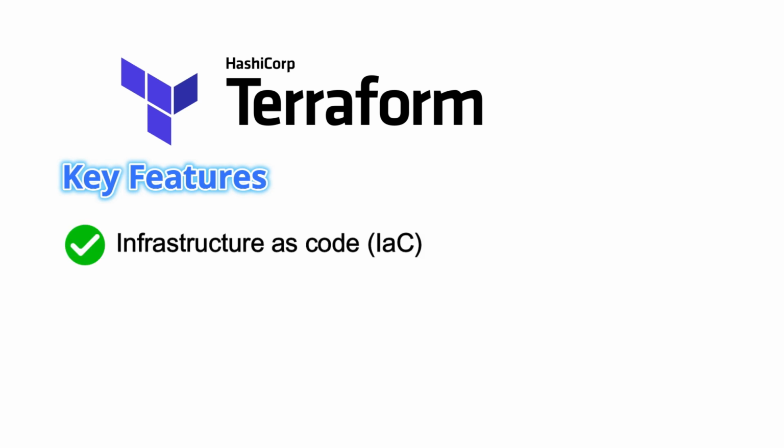Infrastructure as code. Terraform allows you to define your infrastructure as code, which enables you to version and manage it like any other software code. Multi-cloud support. Terraform supports multiple cloud providers and services, enabling you to manage your infrastructure in a consistent and unified way.